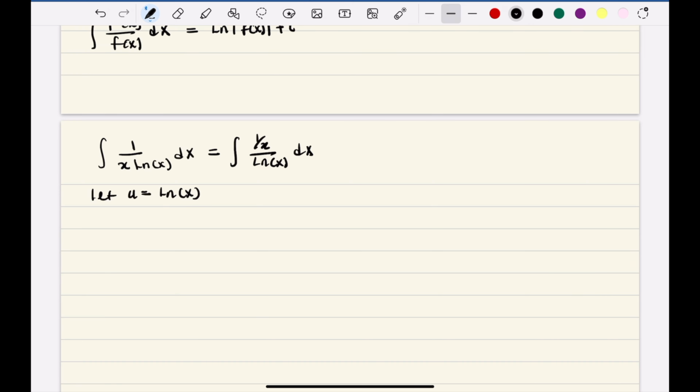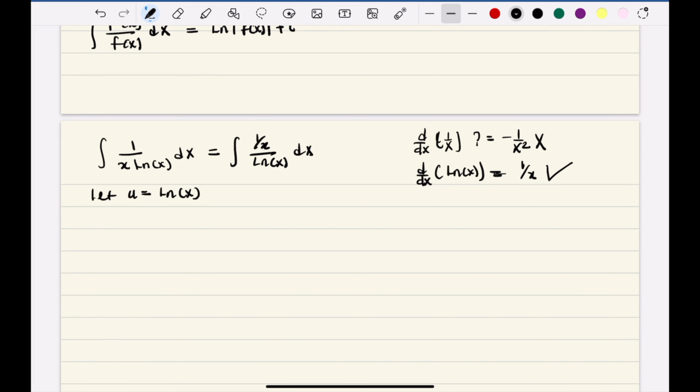For example, if I differentiate 1 over x, will it give me any of the expressions here? That's the question we need to ask. This is basically negative 1 over x squared, so the answer is no. However, if I differentiate ln x, what am I going to have? I'm going to have 1 over x, right? So 1 over x is appearing in one of these expressions over here, and that is actually a green light.